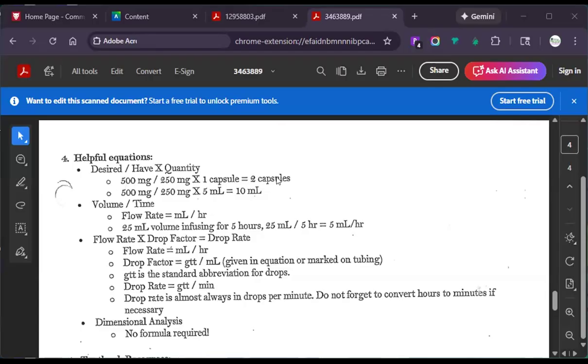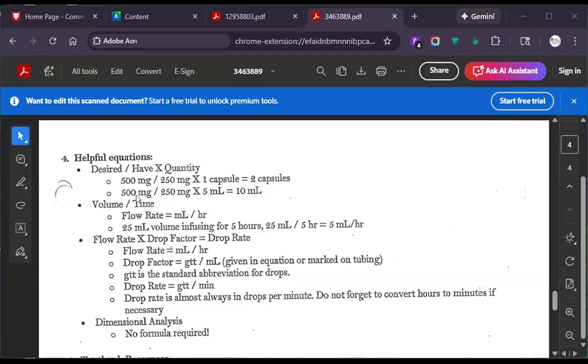So an example of that would be, let's say the order is 500 milligrams. You have available 250 milligram capsules. How many capsules will you administer? And then you could see how that's written out there.